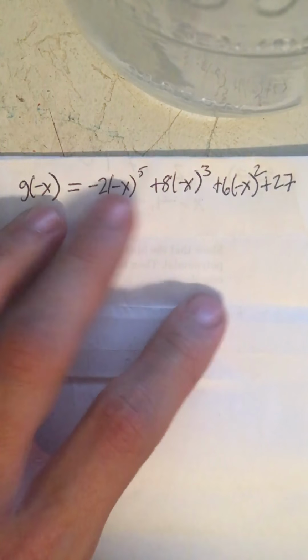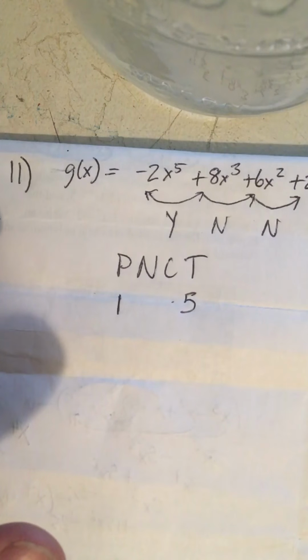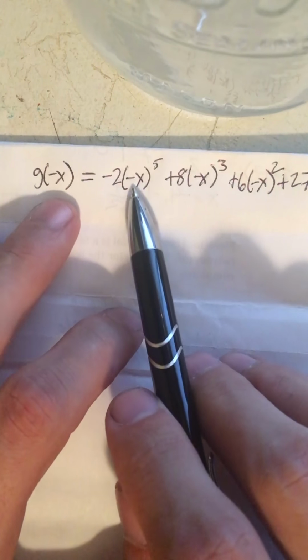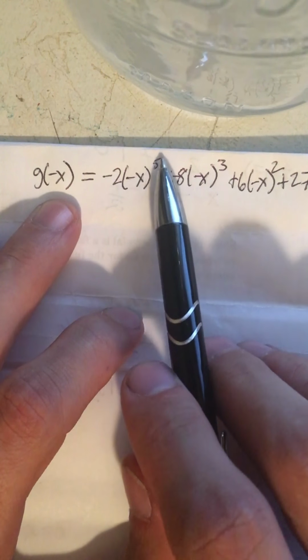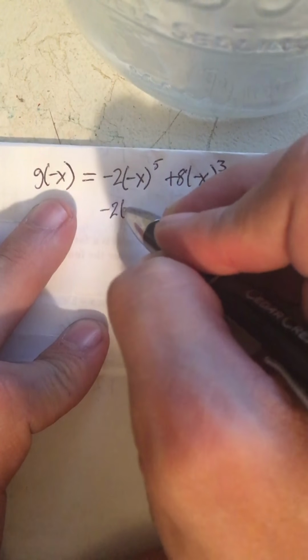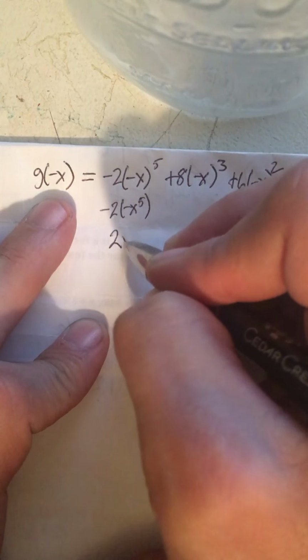Okay, because I don't look for the sign changes until, like see right here I found the sign changes, went from negative, positive, yes, no, no, no sign change. I have to do this right here. So negative x to the 5th is a negative x to the 5th. If it's an odd exponent, it stays negative. So this is negative 2 times negative x to the 5th, which is going to turn into a 2x to the 5th.